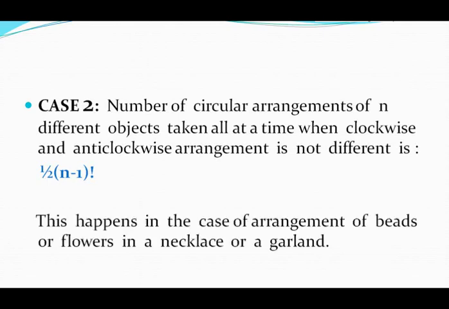This happens in the case of arrangement of beads or flowers in a necklace or a garland, where the clockwise and anti-clockwise arrangements are the same. That is why we divide those (n minus 1) factorial ways by 2 to get the required number of ways.